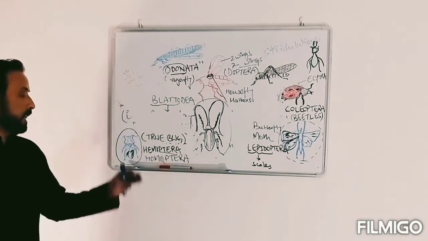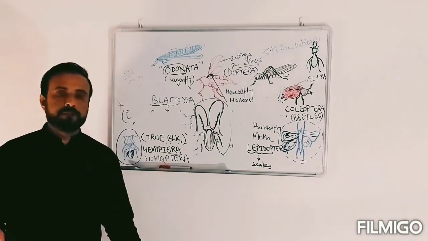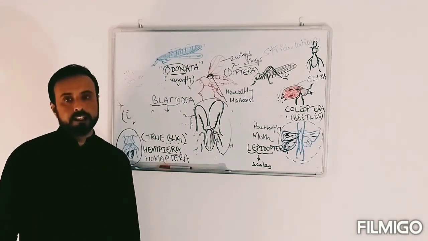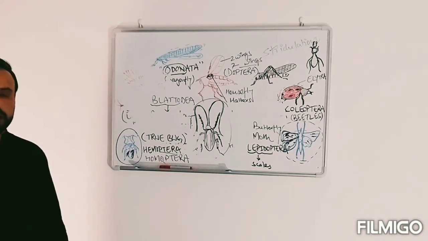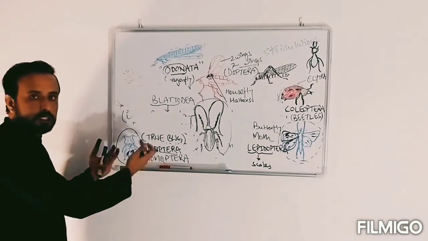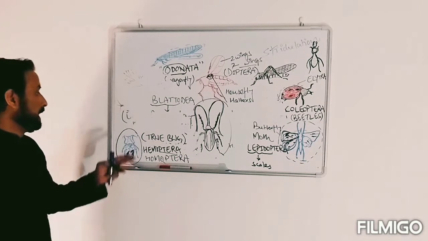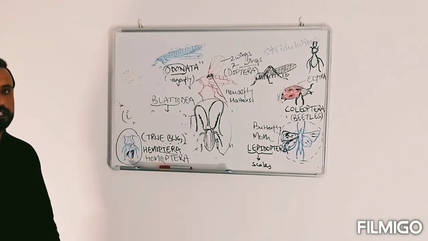Homoptera and Hemiptera basically share the same kind of DNA, so they can also be merged together. But as of now, I am telling you these two orders separately. Hemiptera means half wing, Homoptera means uniform wings, but they both belong to a certain kind of order.